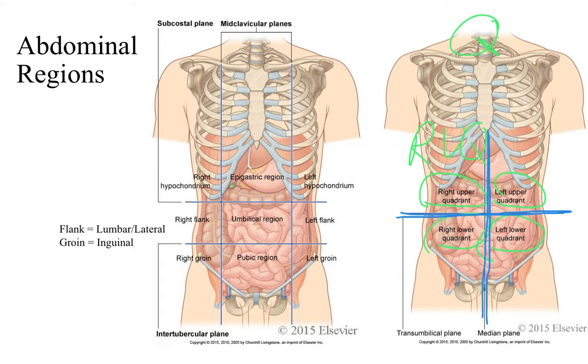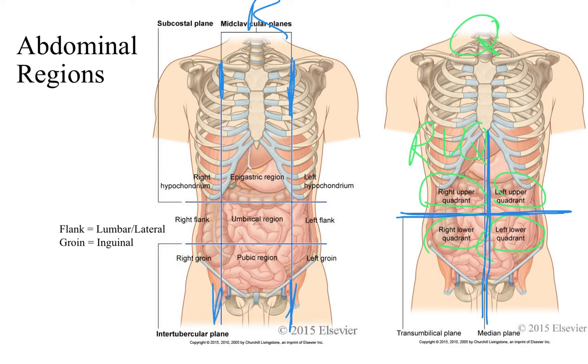Now, if we look on the other side, on the left here, we have the abdomen divided into regions instead of quadrants. There are 9 regions that you should be aware of, and the planes that make them up would be, again, the midclavicular planes coming down from the clavicles all the way down to the pelvic region here.